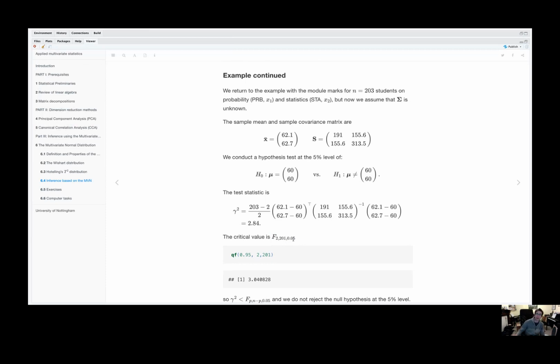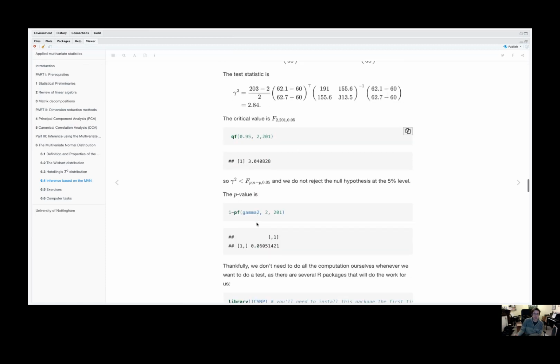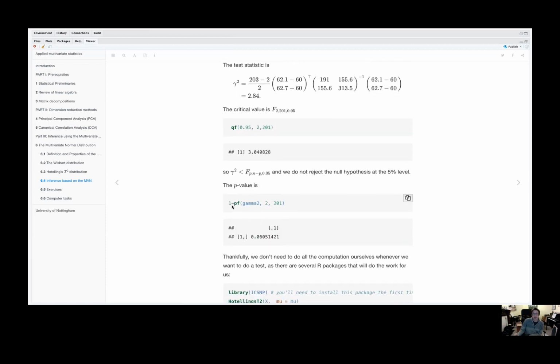And if we look at the 95th percentile, which we can get from R using this command, we find that it's 3.04. So this is bigger than gamma squared. So we do not reject the null hypothesis at the 5% level. The p-value here is 1 minus the probability that the F random variable is less than gamma squared, and we find the p-value to be 0.06.